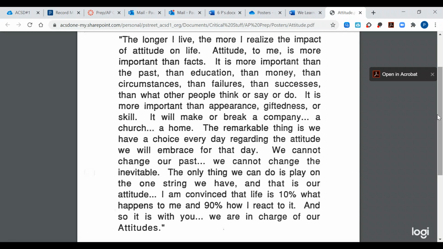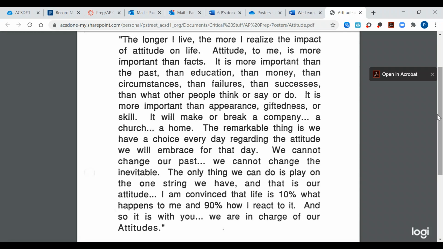A remarkable thing is we have a choice every day regarding the attitude we will embrace for that day. We cannot change our past. We cannot change the inevitable. The only thing we can do is play on the one string we have, and that is our attitude. I am convinced that life is 10% of what happens to me and 90% how I react, and so it is with you. We are in charge of our attitudes.